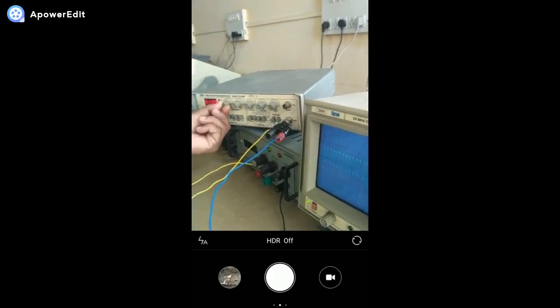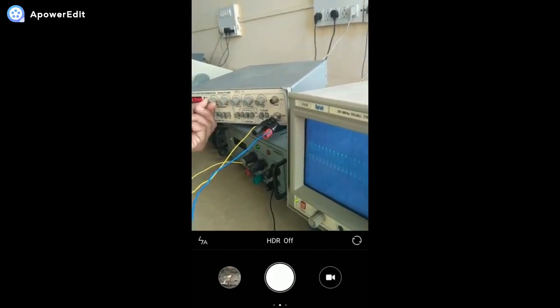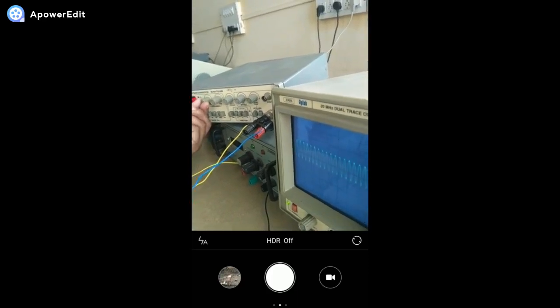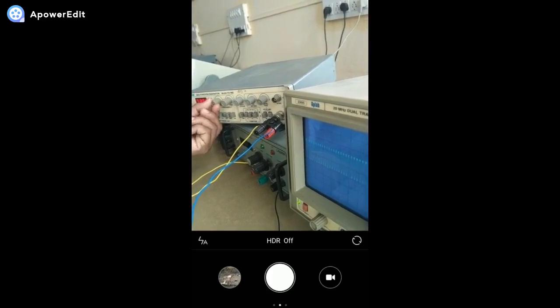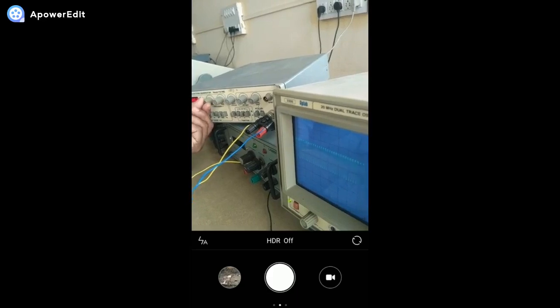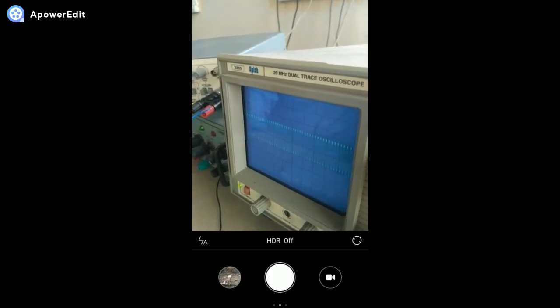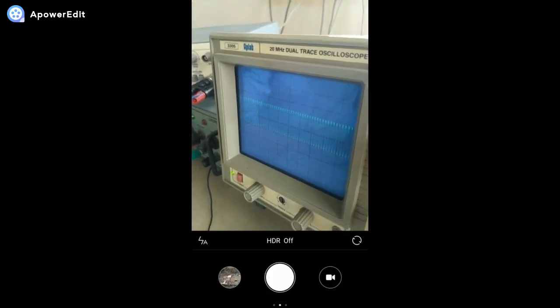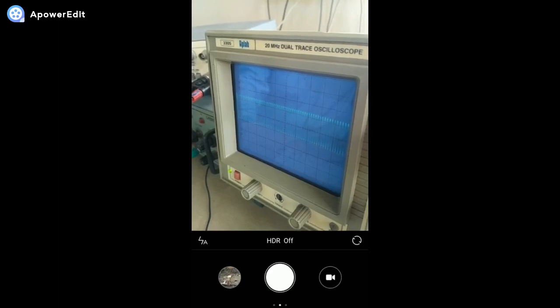Next 4, 5 kilohertz, then 6 kilohertz, 7, 8, then 9, 10, 11.